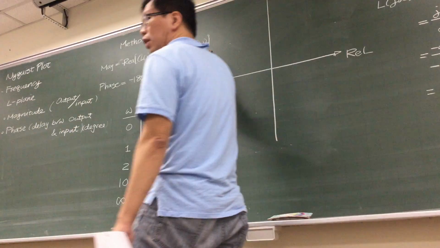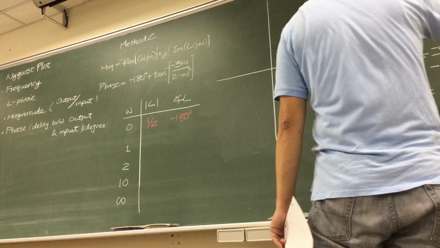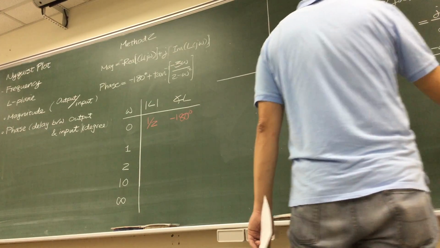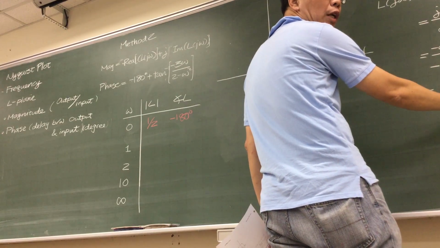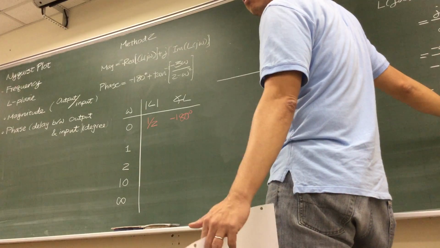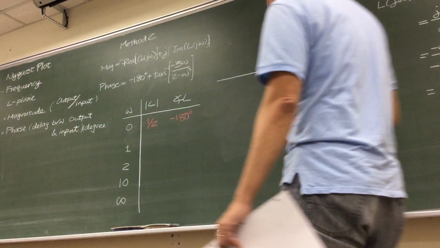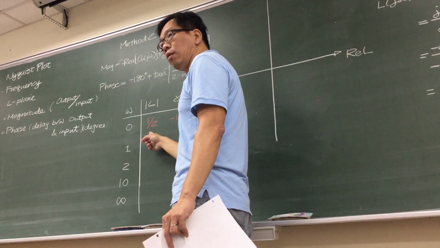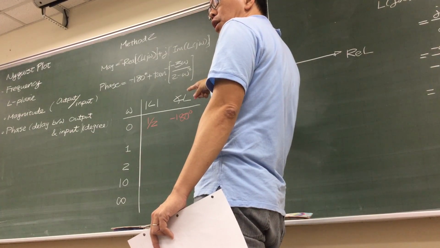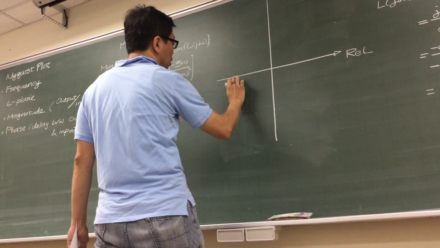If you put everything over here, this part is going to be 0, and this part is going to be 2/4. So it's going to be negative 0.5, right? It doesn't matter what you do, it's going to be something like that. So if you put negative 0.5, it means that the magnitude is going to be 0.5 and the angle is going to be minus 180. So with that said, let's say this point.